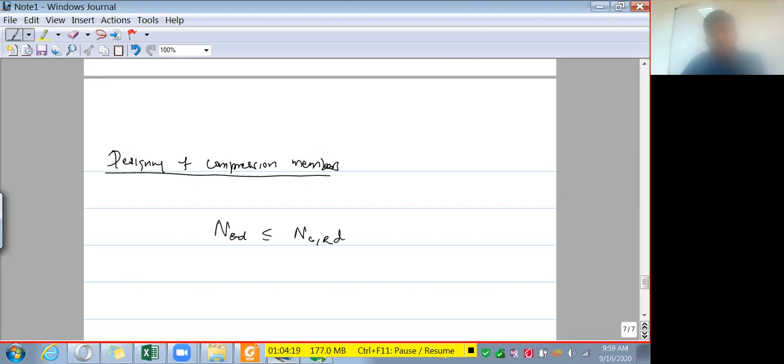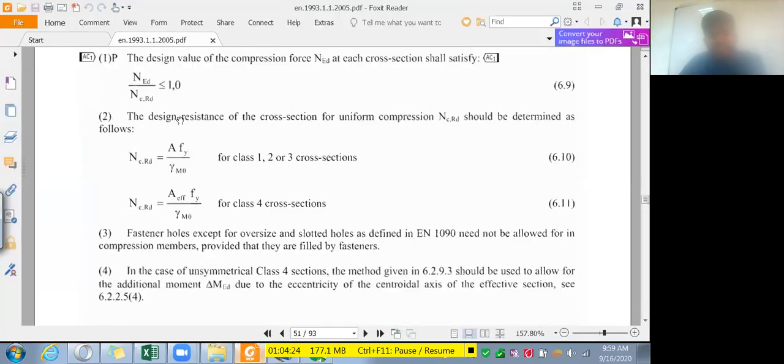Earlier it was NTRD for tension, now compression NCRD. So design resistance of the cross section for uniform compression NCRD should be determined as follows.